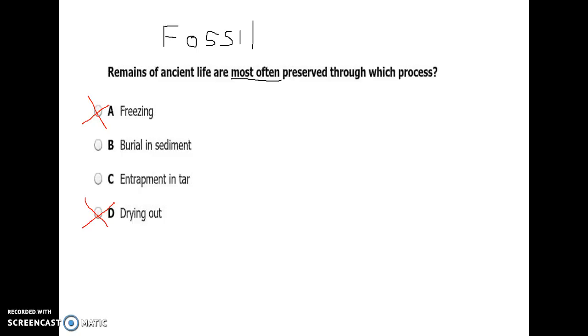And if they're entrapped in tar, we can't really dig them out because tar is the same kind of stuff they make asphalt out of. So it would be like digging through liquid road. So that leaves us with letter B as our best choice, that they are buried in sediment.